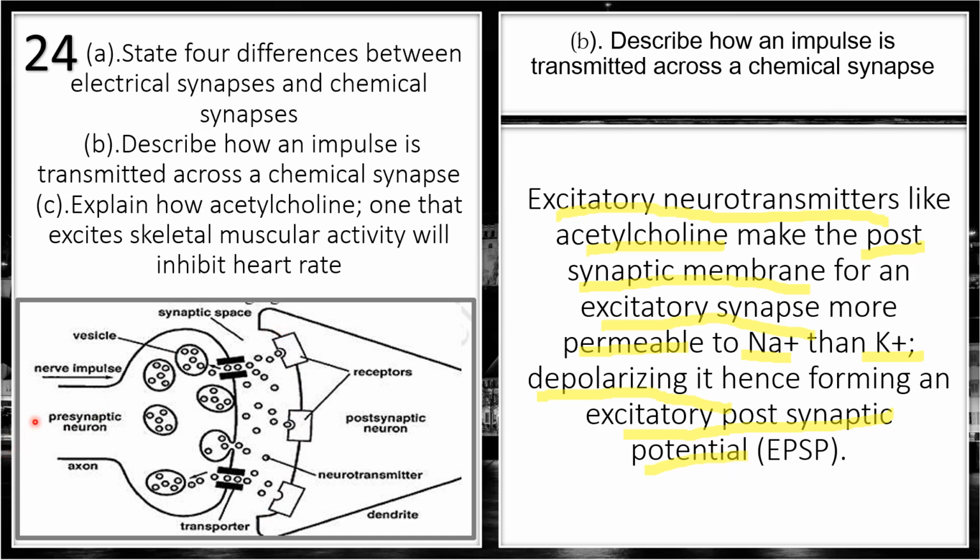Now, we are saying when the action potential comes here, it is going to depolarize the presynaptic membrane, and it will cause the opening of the calcium gated channels, which are going to allow the calcium ions to enter from the synaptic space into the presynaptic neuron.